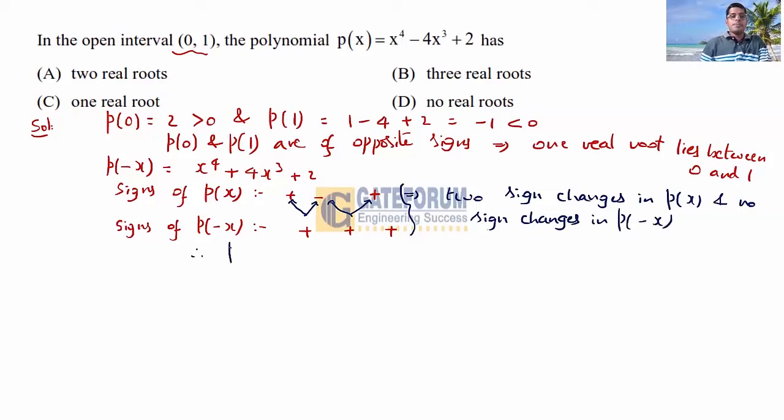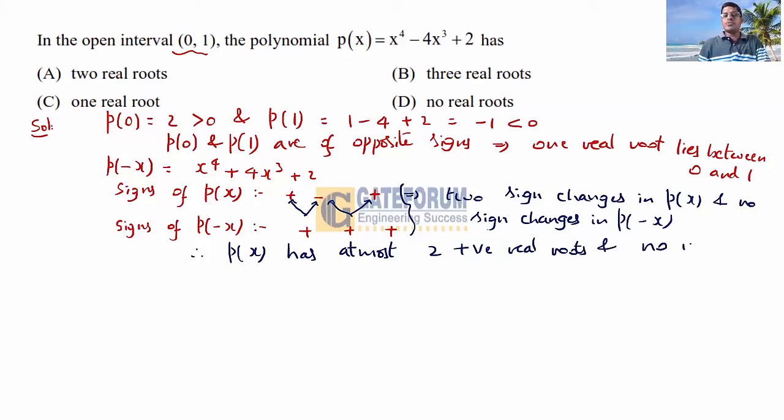Therefore, P of x has at most two positive roots. Roots means real roots, automatically, and no negative roots. From this statement, don't decide two real roots or one real root, because they're asking in 0 comma 1.